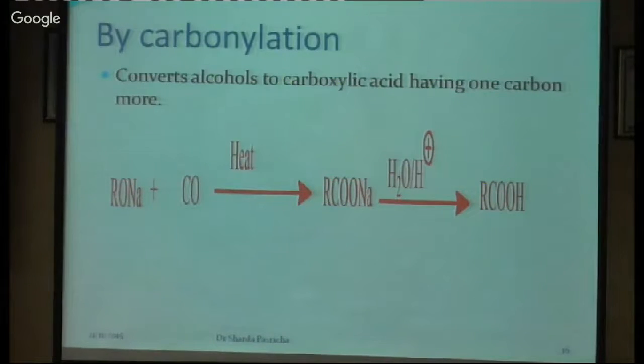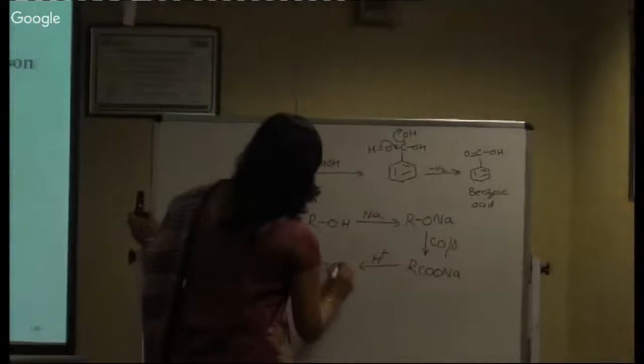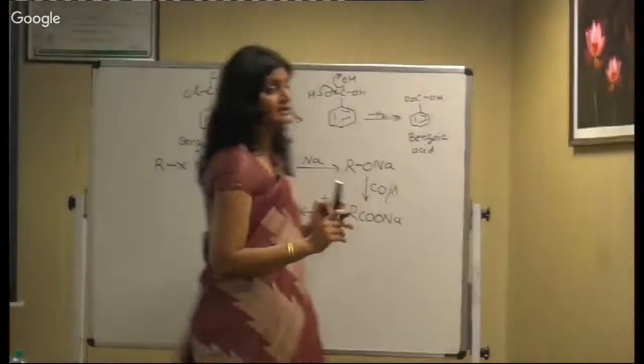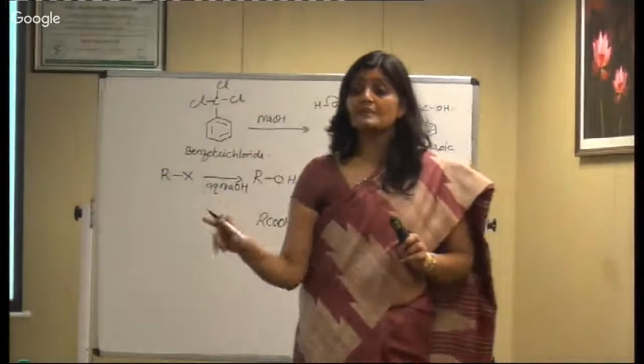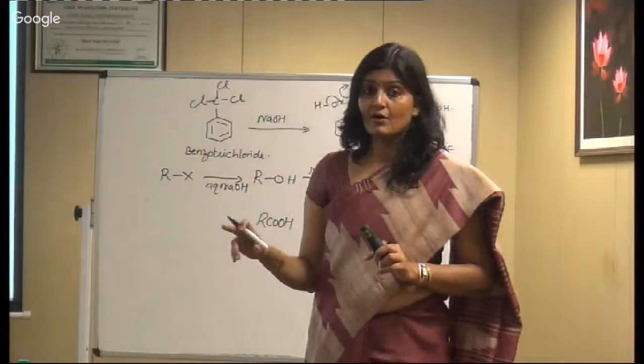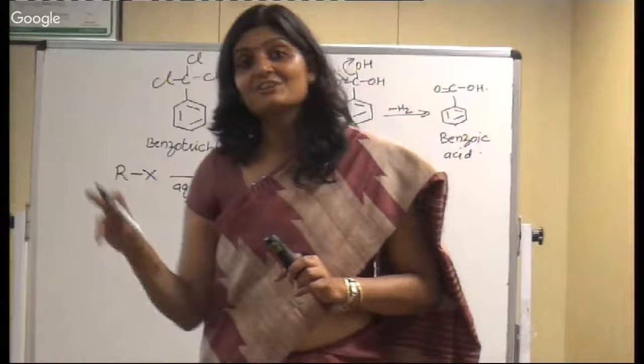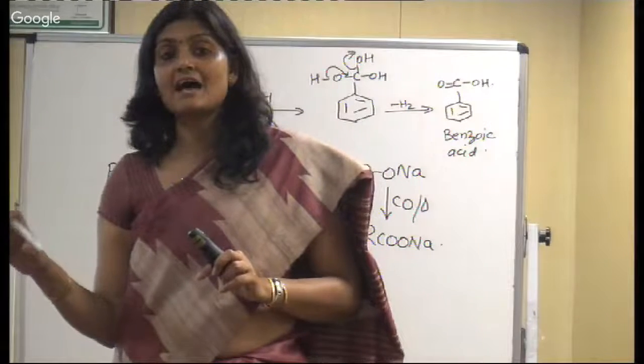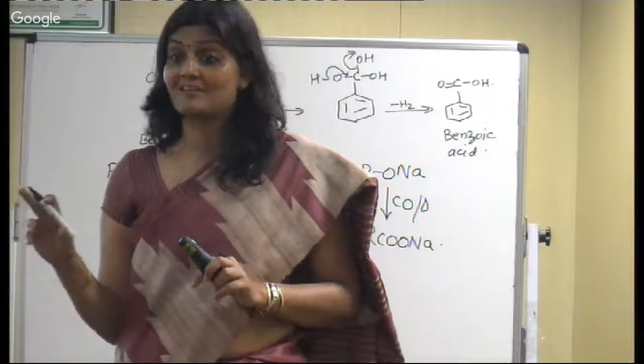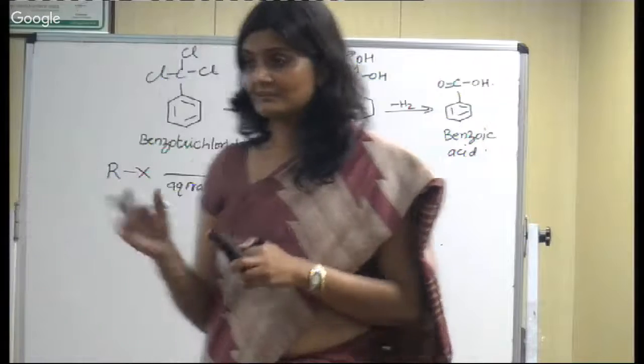And this alkoxide, when you react with carbon monoxide and you are heating it, you will get sodium salt of carboxylic acid, which on acidification is giving you the carboxylic acid. So what you are seeing here is, again, it offers an indirect method of conversion of alkyl halides to carboxylic acids having 1 carbon more, right? A step-up reaction.